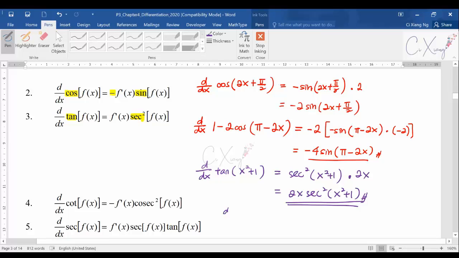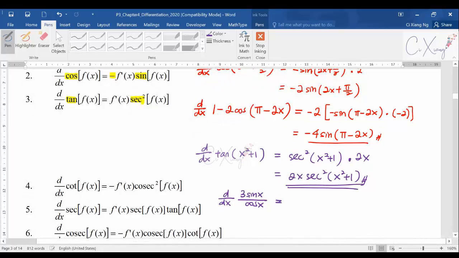Maybe if I want you to do something like this. How about if, let's say, I want you to do the differentiation for 3 sine x over cos x. It is a fraction, but you cannot differentiate it separately.